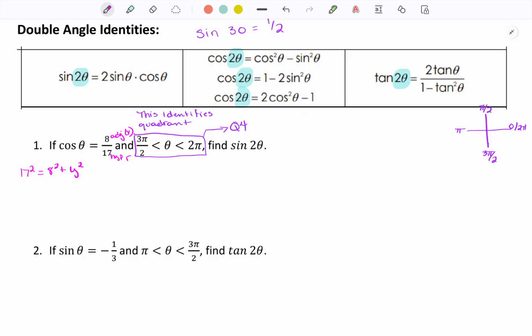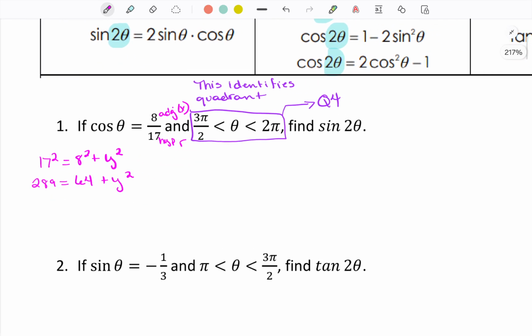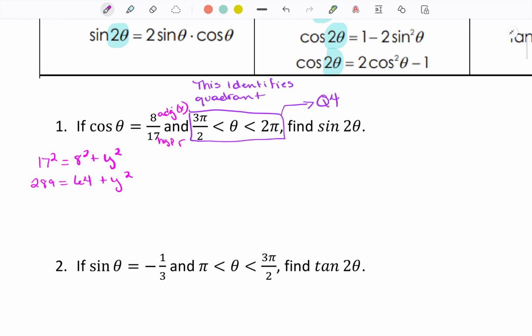And so that gives me 289 equals 64 plus y squared. And so when I subtract 64, I get 225, and that equals y squared. So y is 15. So I know that sine theta is going to be equal to 15 over 17.